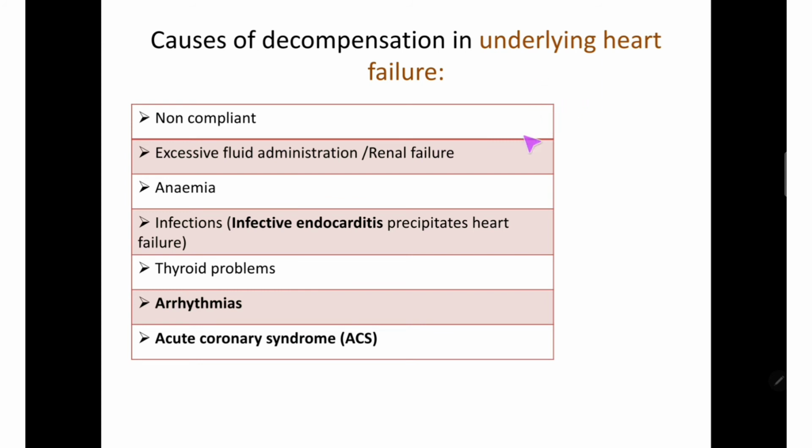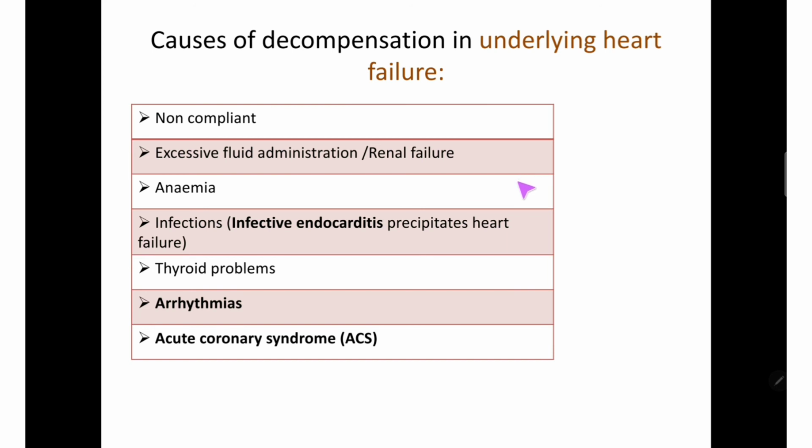The causes we have to know: the main cause is non-compliance of the patient. It means that the patient failed to take the medication and now has undergone a decompensation. The second cause can be excessive fluid administration to the patient, or any type of renal failure which has resulted in decompensation.